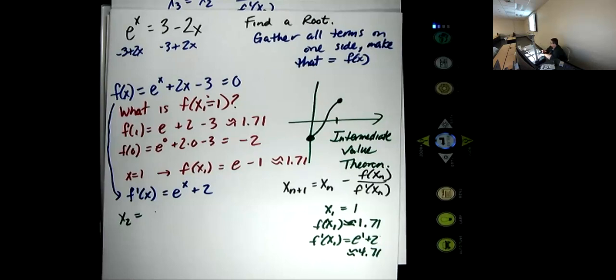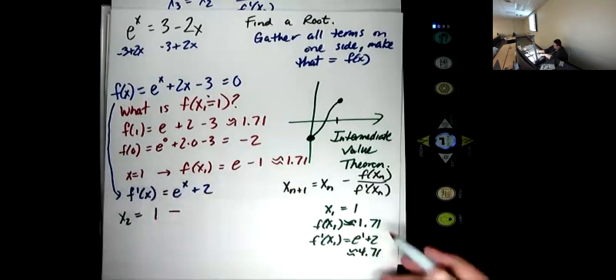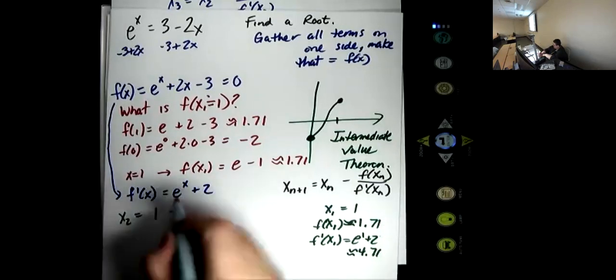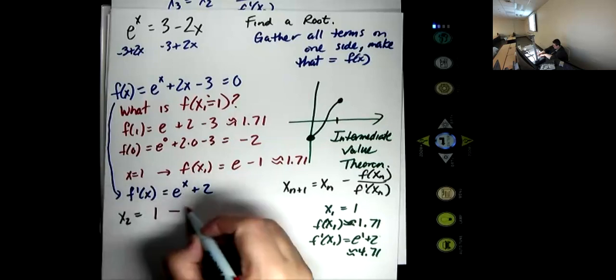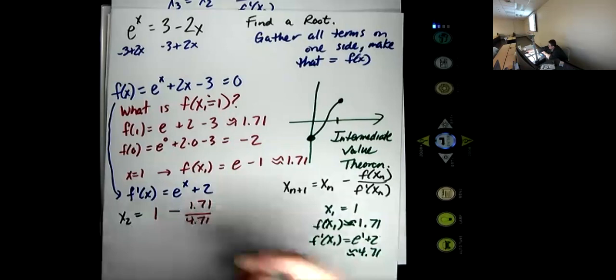Not exciting by hand, is it? So this is calculator work. X sub 2 is 1 minus, I'm just plugging in the stuff I have here. The f goes on top, that's 1.71 on top. We've got 4.71 on bottom.